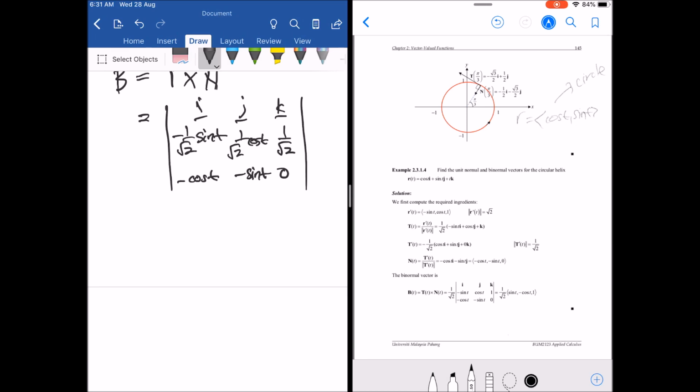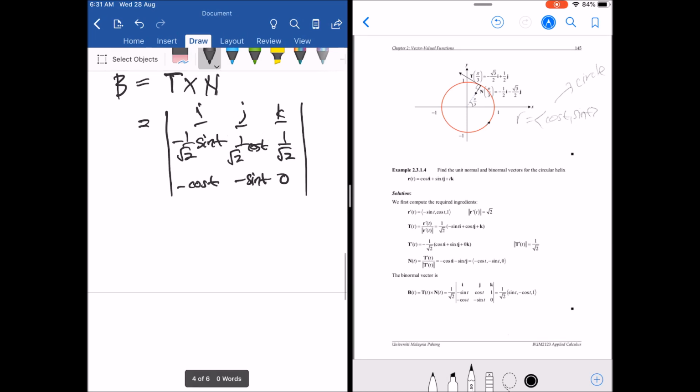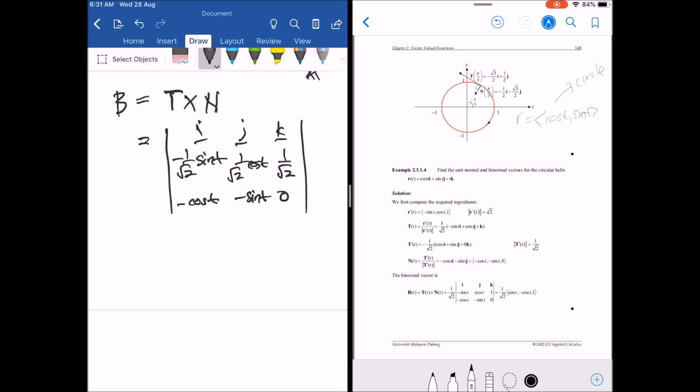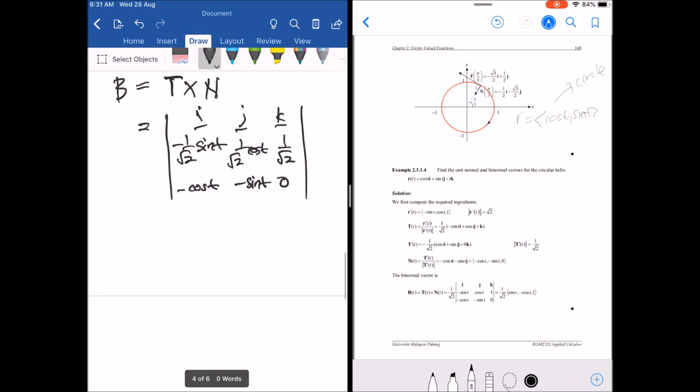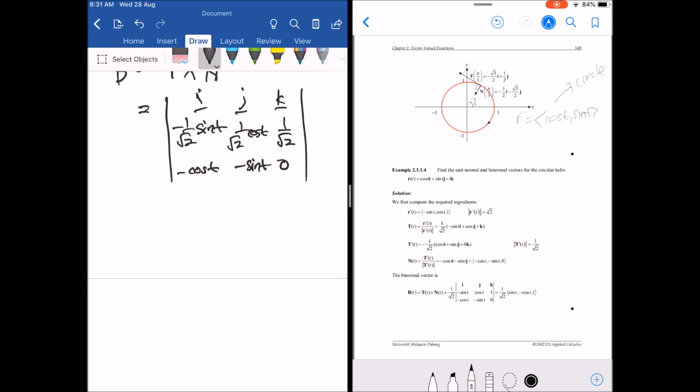The cross product of the unit tangent vector and unit normal vector will yield the binormal vector. So we solve for this cross product.